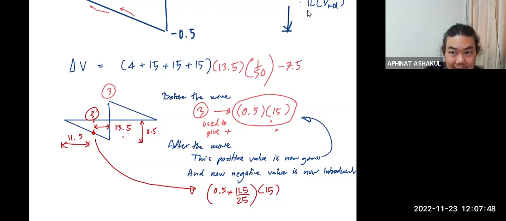Remember that we are calculating the change of the shear force, not the shear itself. So the fact that the positive value is gone gives you the negative change. Like you have your money reduced by that much. And then another term coming from here. Minus that, because it is now the real negative value that exists when load number 3 moves from the positive to the negative region.